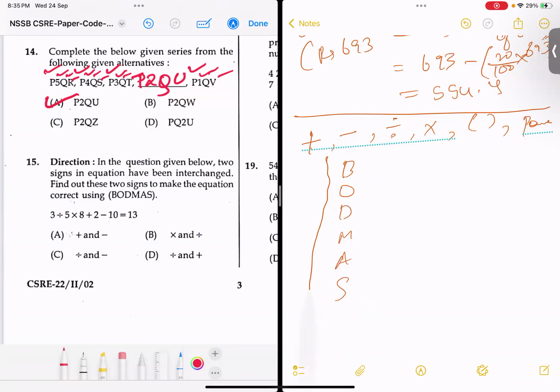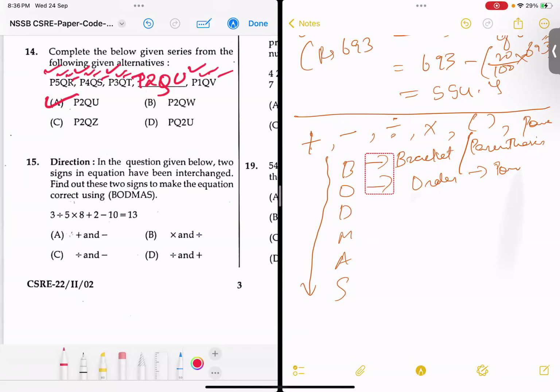So we'll follow it in this manner, okay? First, we'll solve the brackets. Brackets are sometimes also known as the parentheses, right? So first, we have to solve the brackets or the parentheses. Second, we have to solve the orders, okay? So orders are nothing but powers only, right? 5 to the power 3, 5 to the power 2, 5 to the power 10, anything like that.